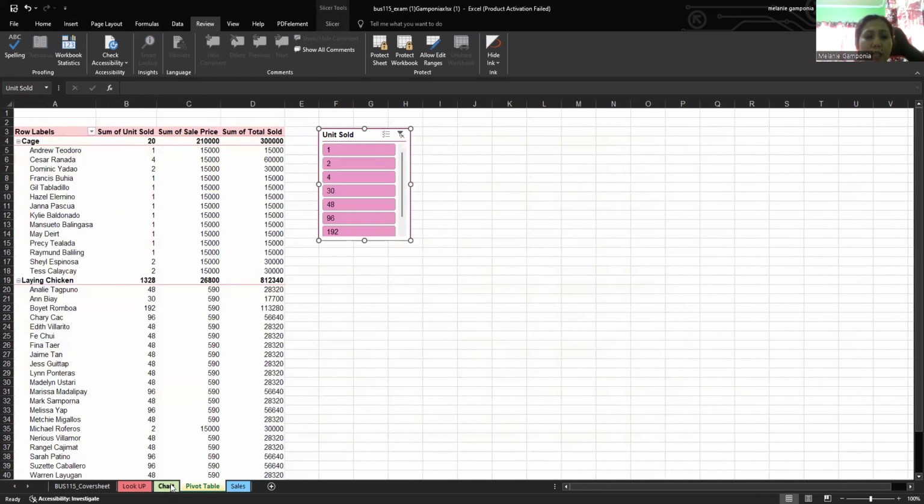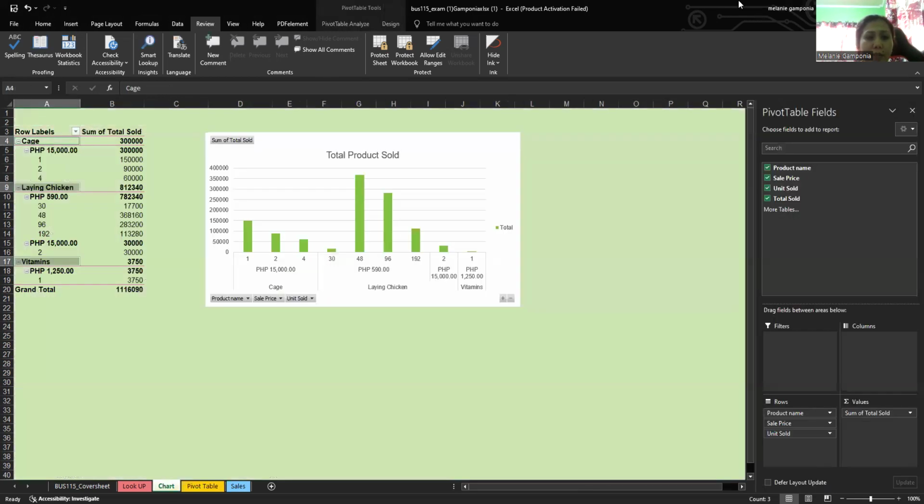Pivot table, and then chart. My chart is also made from a pivot table, because I wanted to look at the total products sold for every product.